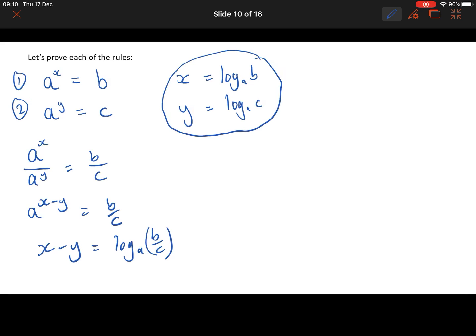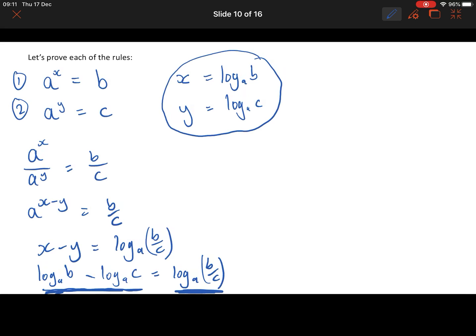Use the first rule of logs: x minus y equals log base a of b over c. And I already know what x and y are. Log base a of b minus log base a of c is equal to log base a of b over c. There is the third rule proved.